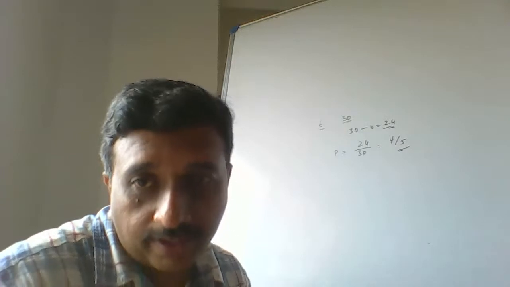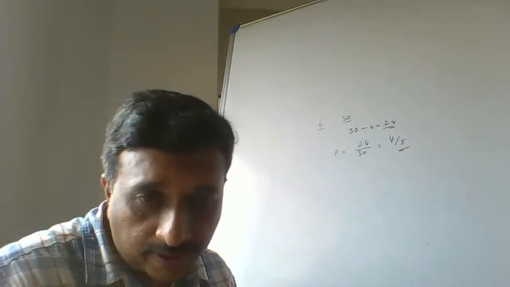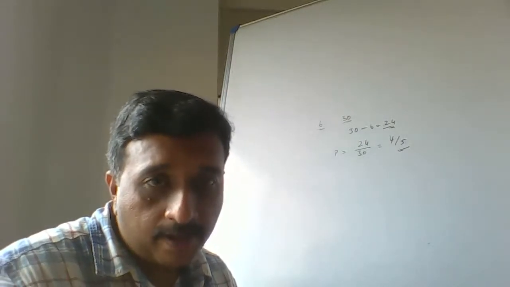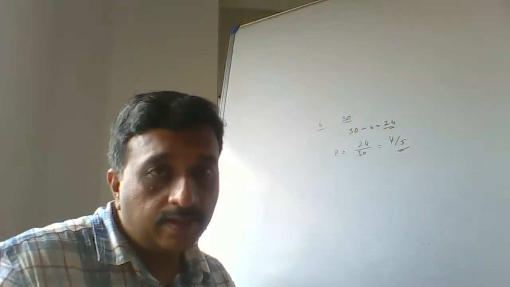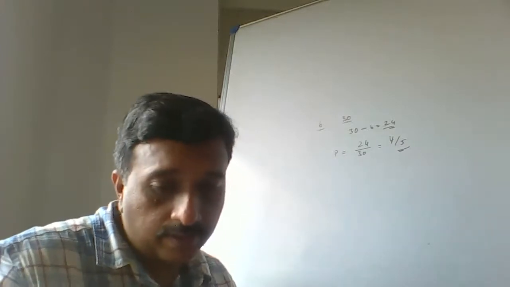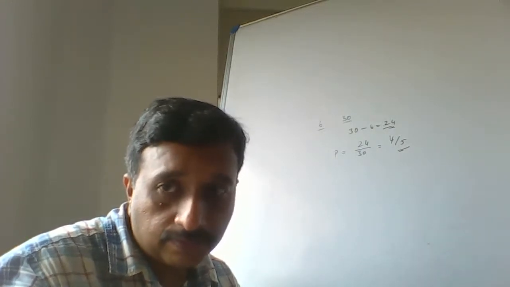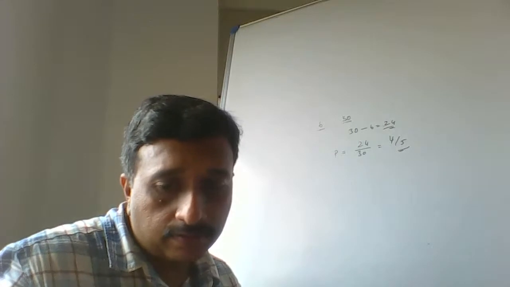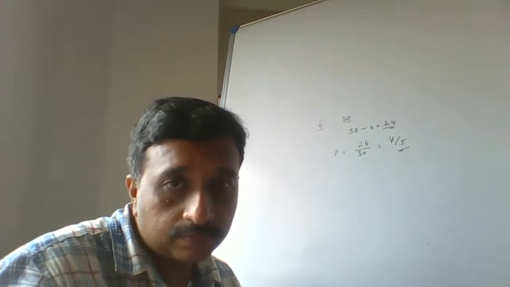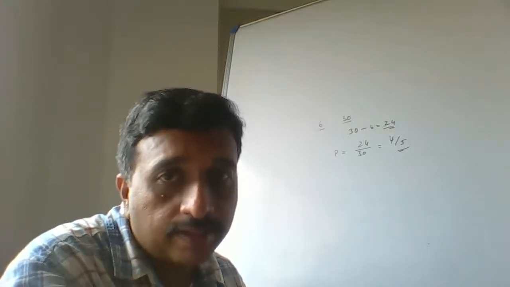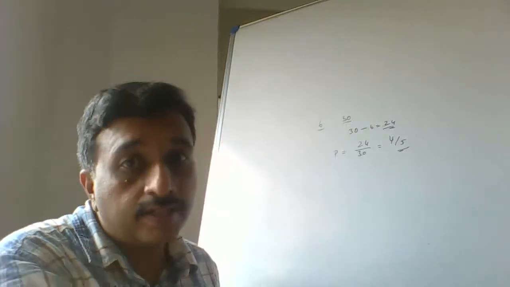I got one query: how did not hit boundaries become 24? The answer is in the question itself. You have 6 times out of 30 balls.